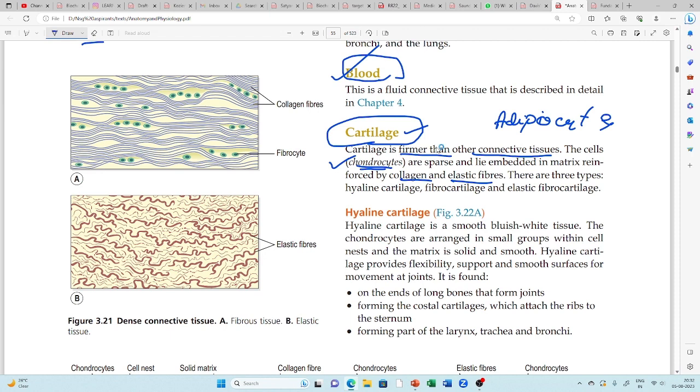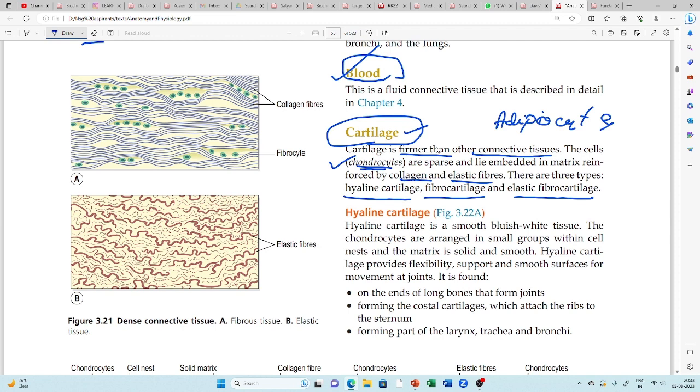There are three types of cartilage. How many types? Mainly three: hyaline cartilage, fibrocartilage, and elastic cartilage. These are the three types of cartilage found in our body. Cartilage is a little firmer than connective tissue, but not hard.